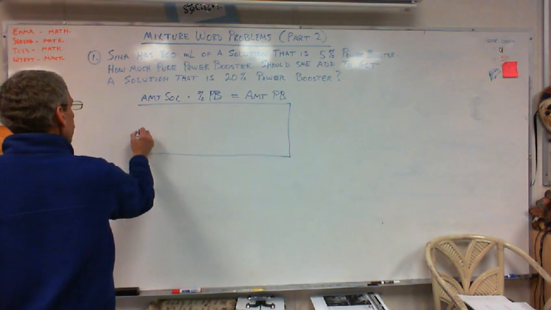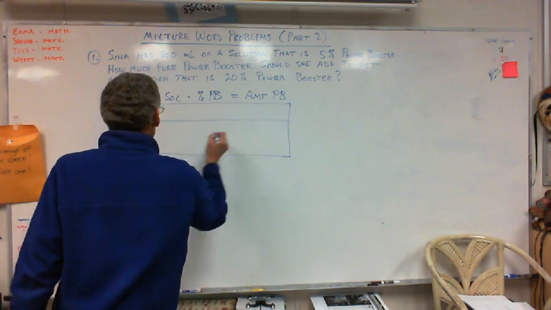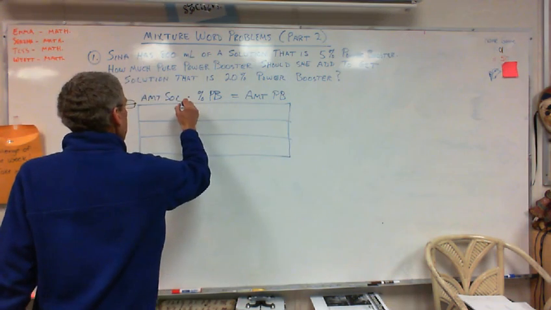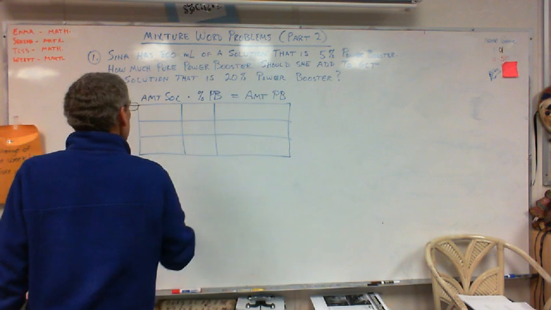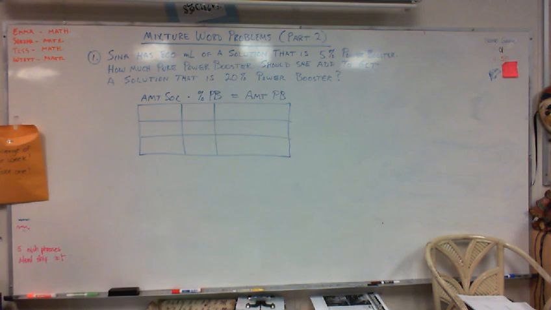We're going to have 3 rows and 3 columns. I'll give you a second to write that down, that box. And then it's a matter of just reading the problem and putting everything into the box in the right way.